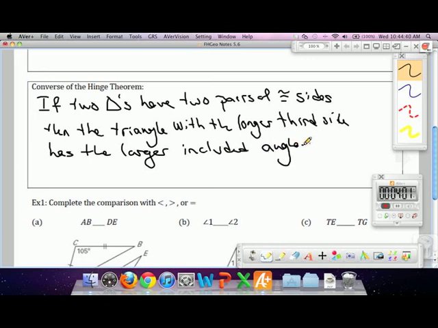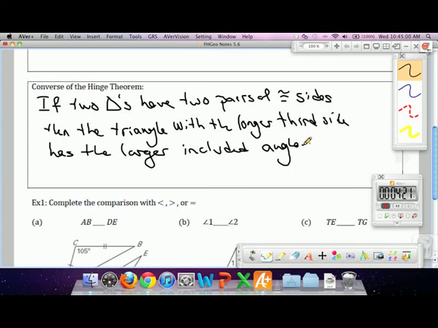It's a very similar idea, but we're kind of going in the reverse direction. So if I know something about the included angle, then I can talk about the relative size of the third side. If I know something about the length of the third side, then I can talk about the relative size of that included angle, excuse me.